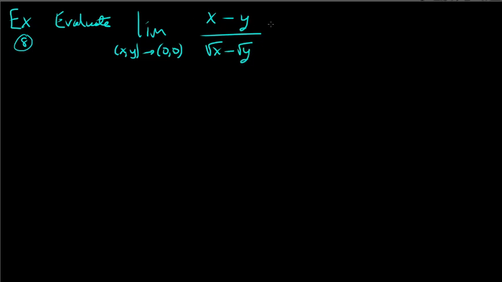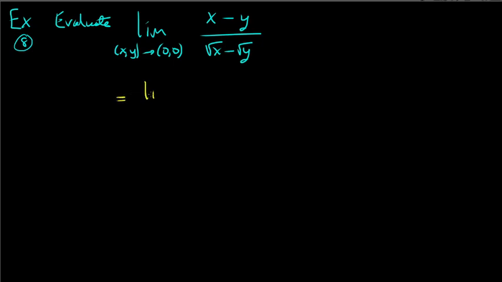And the function is x minus y over the square root of x minus the square root of y. Okay, so obviously we can't just plug in 0. If we do that, we get 0 over 0 again, which is not the answer. It's never an answer. So what could we do here?